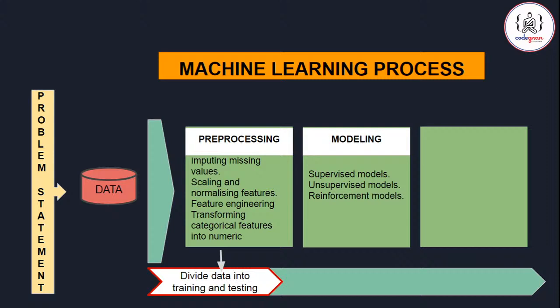Which model should you apply? If your data has a class, then you can apply a supervised model, right? If it does not have any classes, then you go for unsupervised models, right? You can identify this only by going for data analysis, or EDA, that is exploratory data analysis.